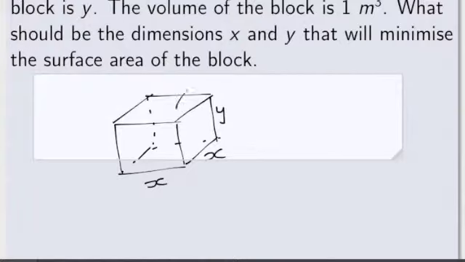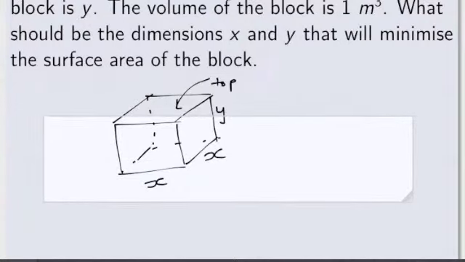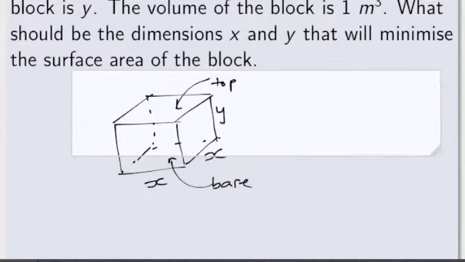This is the top and the base, which has area x squared. So the area of the top is x squared and the bottom base is x squared.